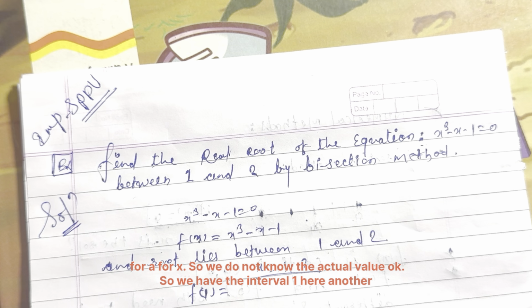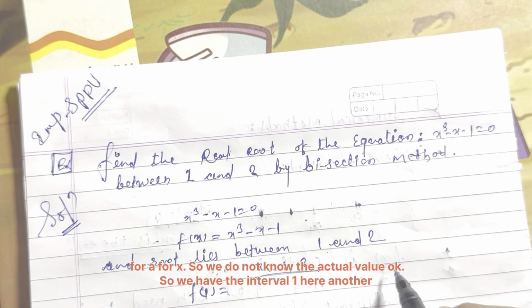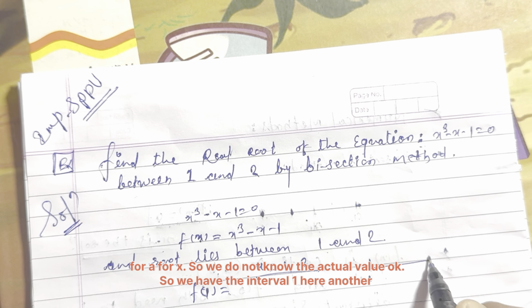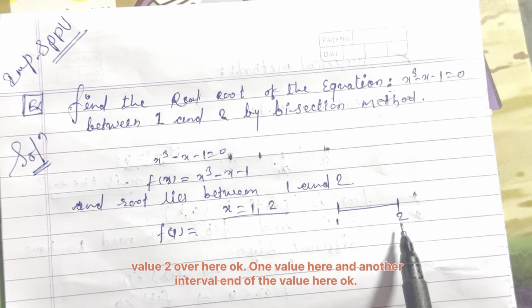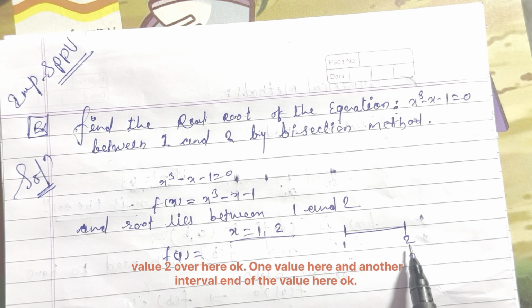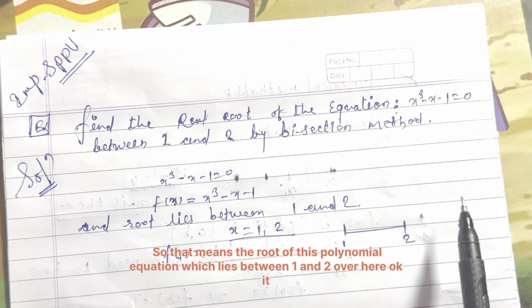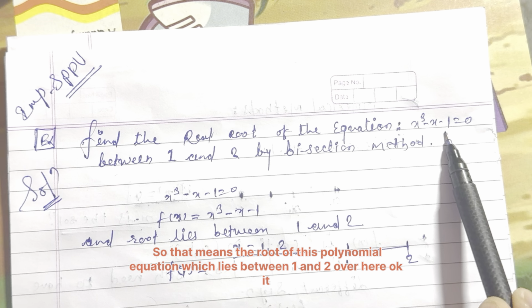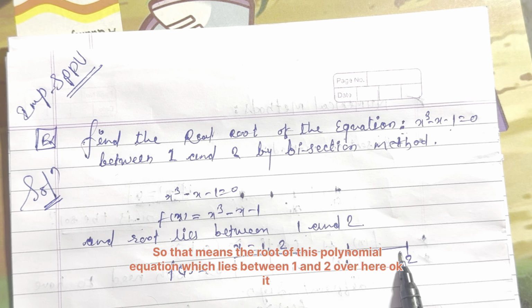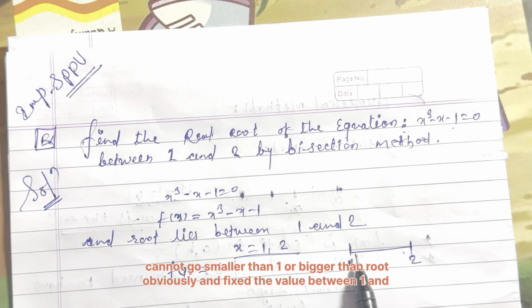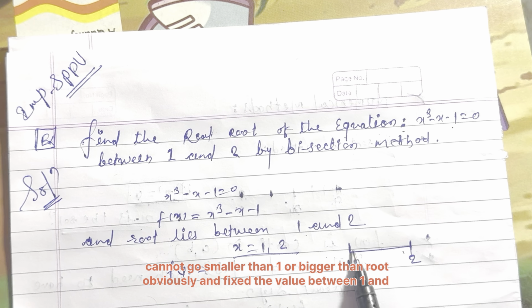We don't know the actual value. We have the interval with 1 at one end and 2 at the other end. So the root of this polynomial equation lies between 1 and 2. It cannot go smaller than 1 or bigger than 2, obviously.